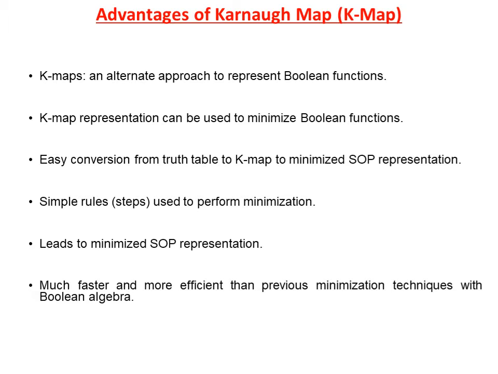The K-map representation can be used to minimize Boolean functions, and it is easy to convert from a truth table to a K-map to reduce the expressions. We use simple rules to perform the minimizations, and it is faster and more efficient compared to Boolean algebra techniques.